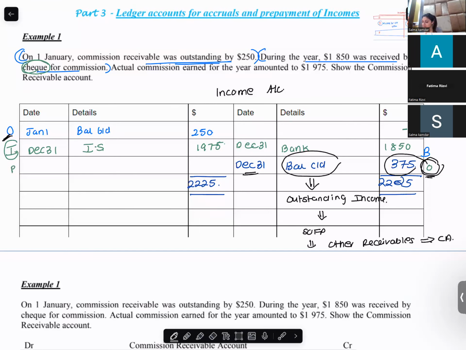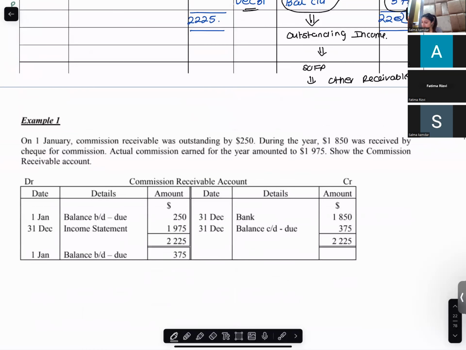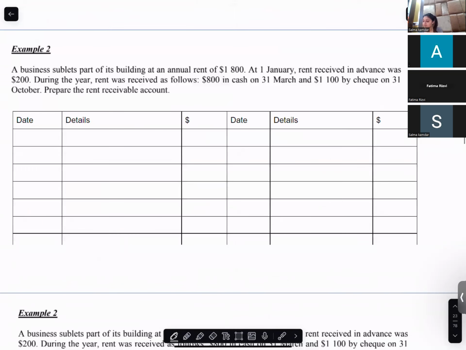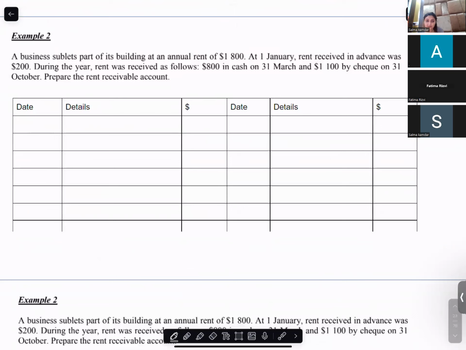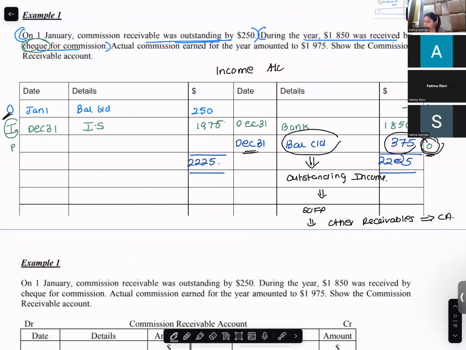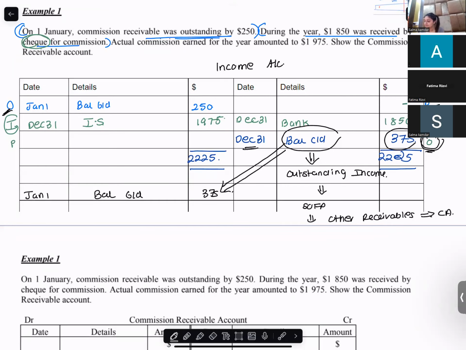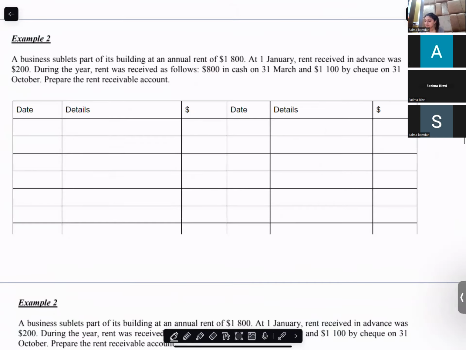Are you with me, Fatima? Yes, miss. Don't forget to bring down the balance on the next date. It's very important. Let's go to the next sum.